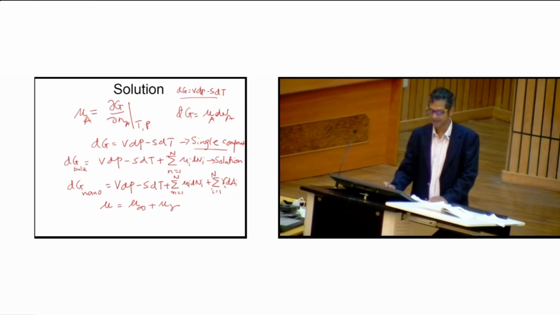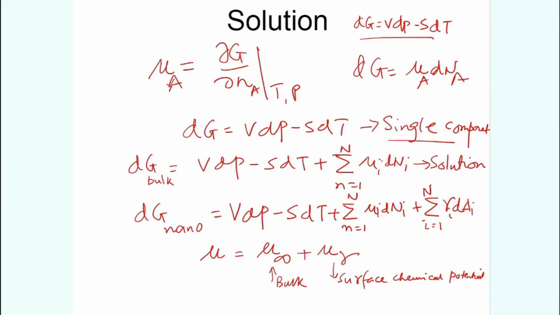This is the bulk chemical potential, this is known as the surface potential. And this gamma is the surface energy.